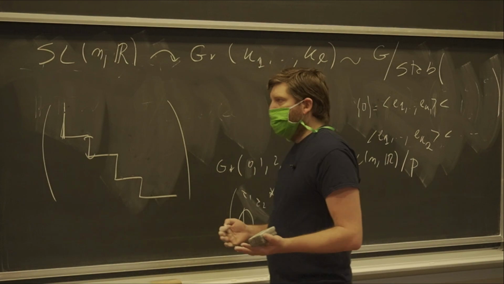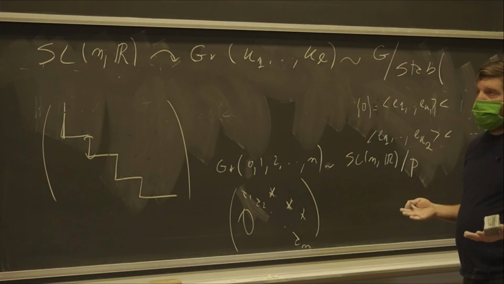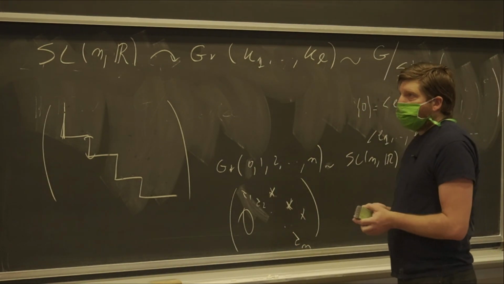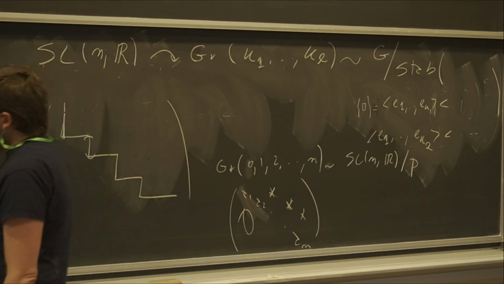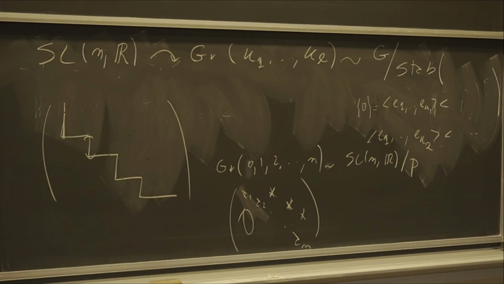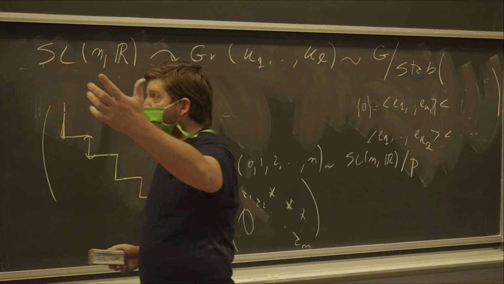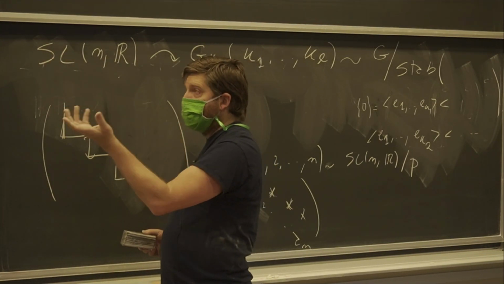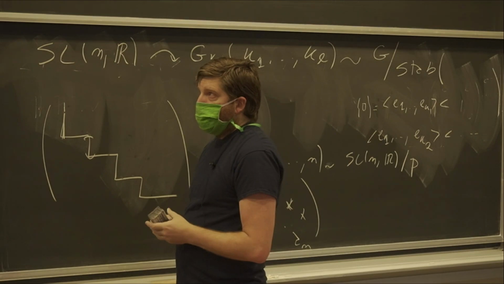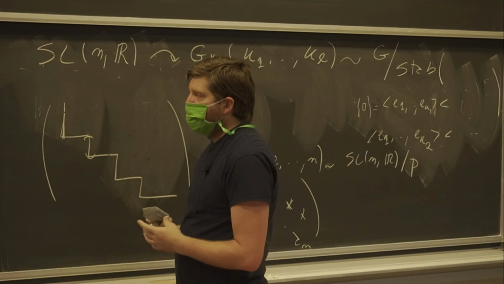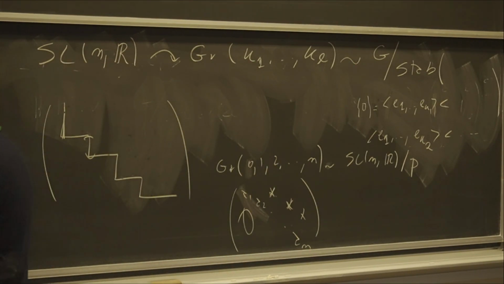For example, if you are in Sp, not any family of vector spaces V1 up to VL can be mapped into any other by a symplectic map. You need some property to be respected. And so then you have to restrict your attention to the places where you are acting in the correct way.